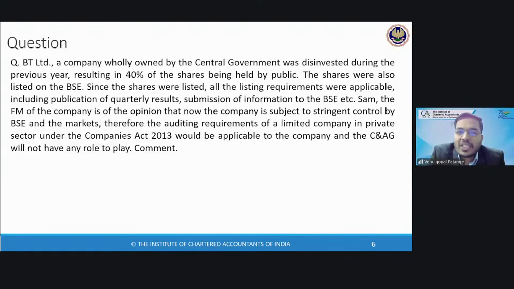It went for listing and 40% of shares were disinvested to the public, so 60% is still held by central government. The 60% criterion, which is more than 51%, still comes under the purview of a public sector undertaking. Hope it is clear.